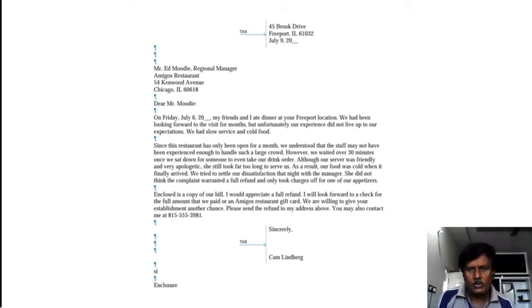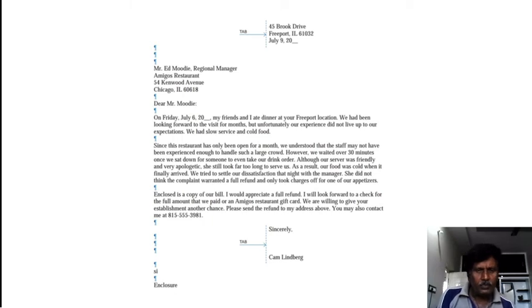Although our server was friendly and very apologetic, it still took too long to serve us. As a result, our food was cold when it finally arrived. We tried to settle our dissatisfaction that night with the manager. She did not think the complaint warranted a full refund and only took off the charge of one of our appetizers.